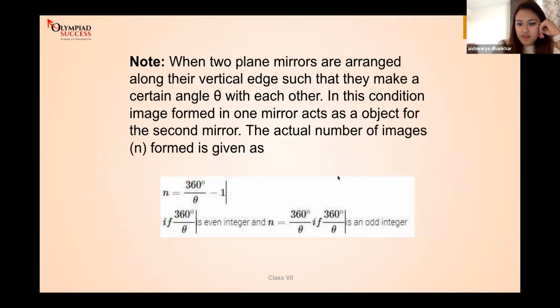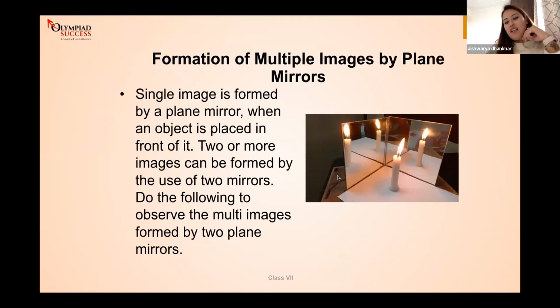Let's move forward. So this is exactly what we were talking about, right? This is how the two mirrors are being placed. And if you place an object, depending upon how many reflections and what is the angle between the two mirrors. Here, it's more or less 90 degrees.